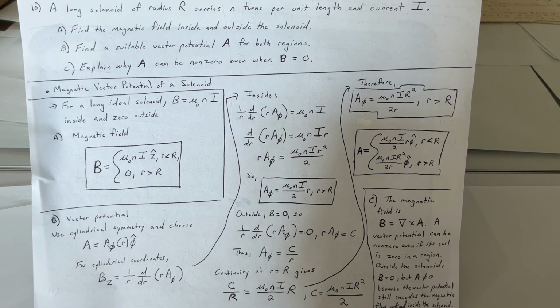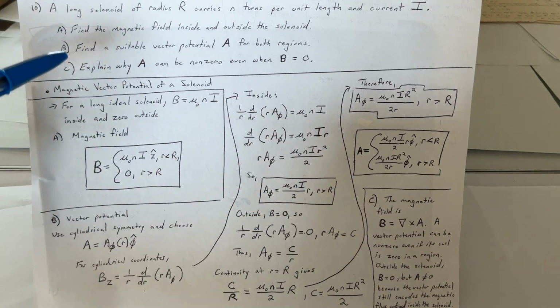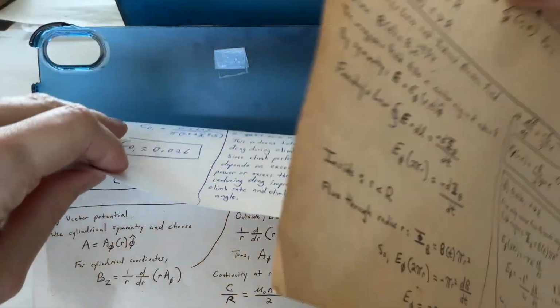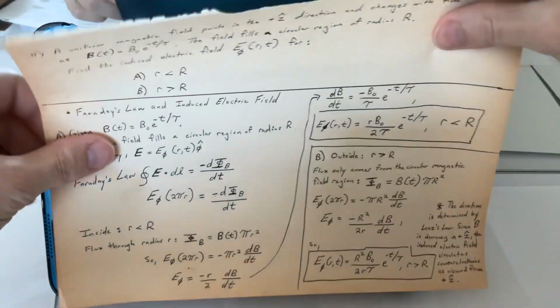Outside the solenoid, B equals 0, but A does not equal 0 because the vector potential still encodes the magnetic flux confined inside the solenoid. Okay, so that's letters A, B, C, and that's good for number 10. Moving along.